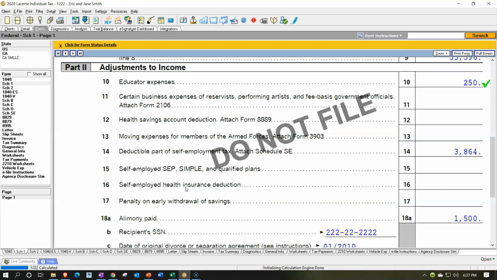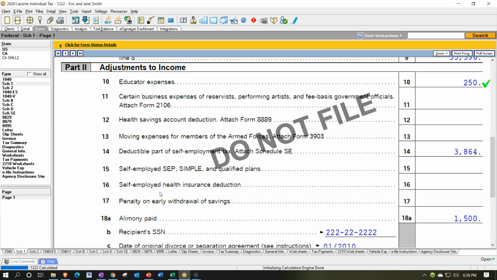If that's the case, then it's unlikely that although they have a Schedule C, they'll be taking line 16 of the adjustments to income for self-employed health insurance, because their health insurance most likely will be attached to their employer in some way. However, in situations where the W-2 income is low, or they have an employer that doesn't offer benefits for health insurance, or if they don't have any other income and their Schedule C income is the primary income, it's more likely that you want to be considering this self-employed health insurance deduction as well.